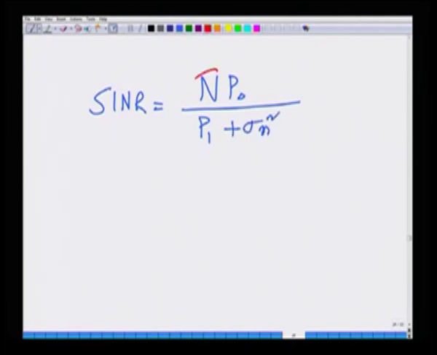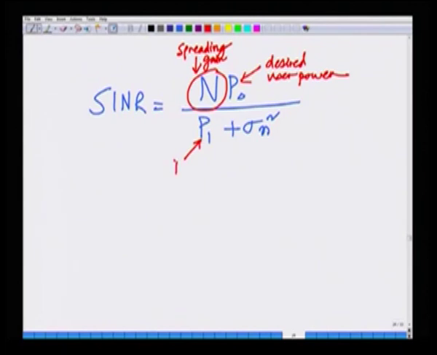This n is the spreading gain, this P0 is the desired user power, this P1 is the interference user power, and this is the noise variance or the thermal noise.